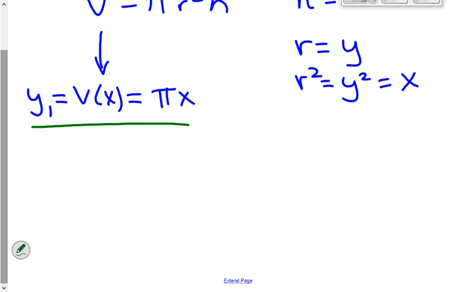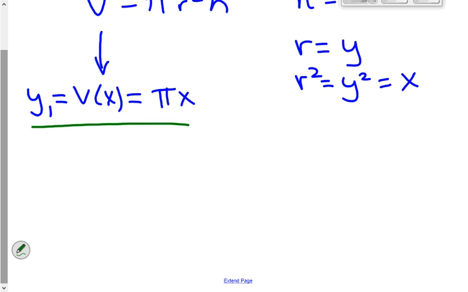So put in y1 equals pi x into your calculator, for those of you who have the program. Some of you don't. Turn around and help a friend who doesn't have that in their calculator.